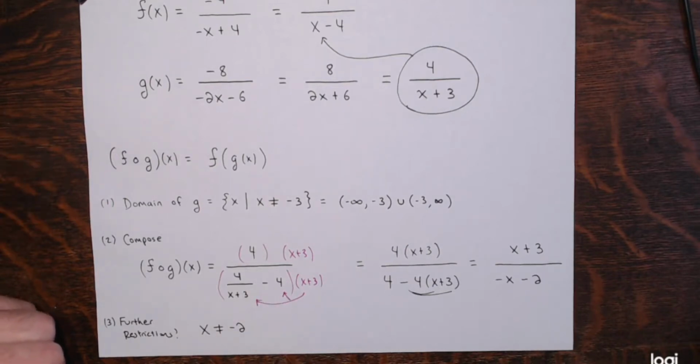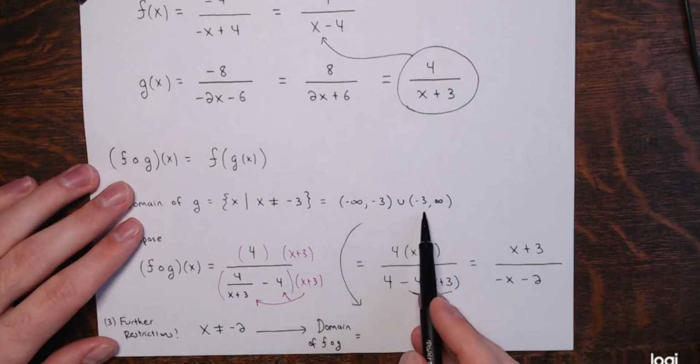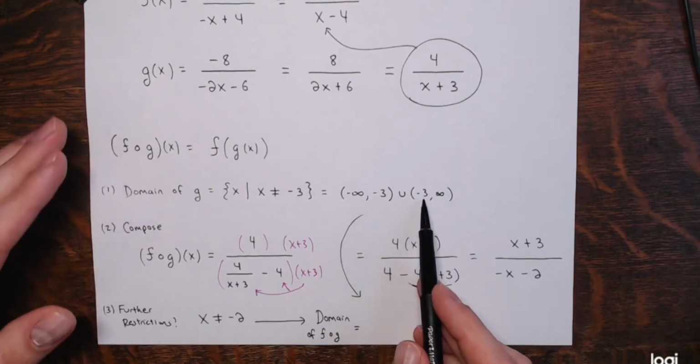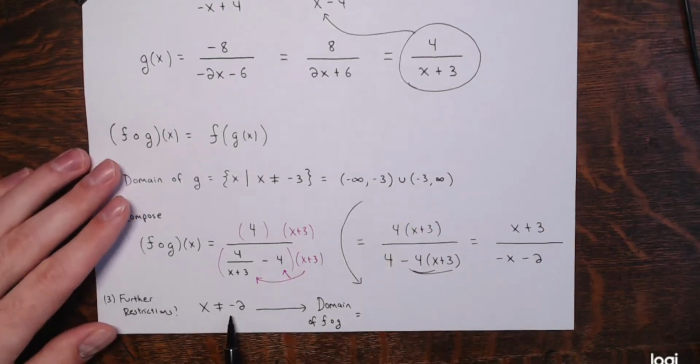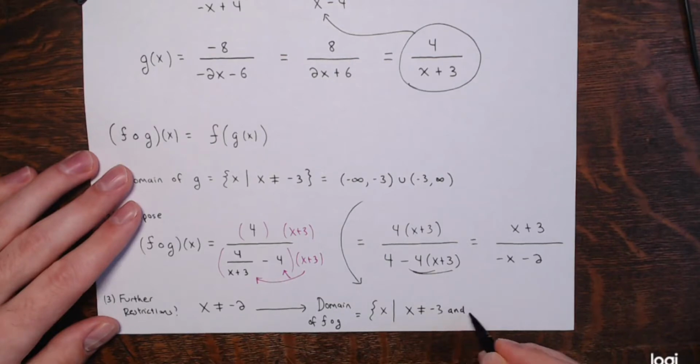All right, so then putting these together, the domain of the composite function is basically all the numbers except negative 3, but now also no negative 2 either. So it's any value of x as long as x is not negative 3, and at the same time x is not negative 2.